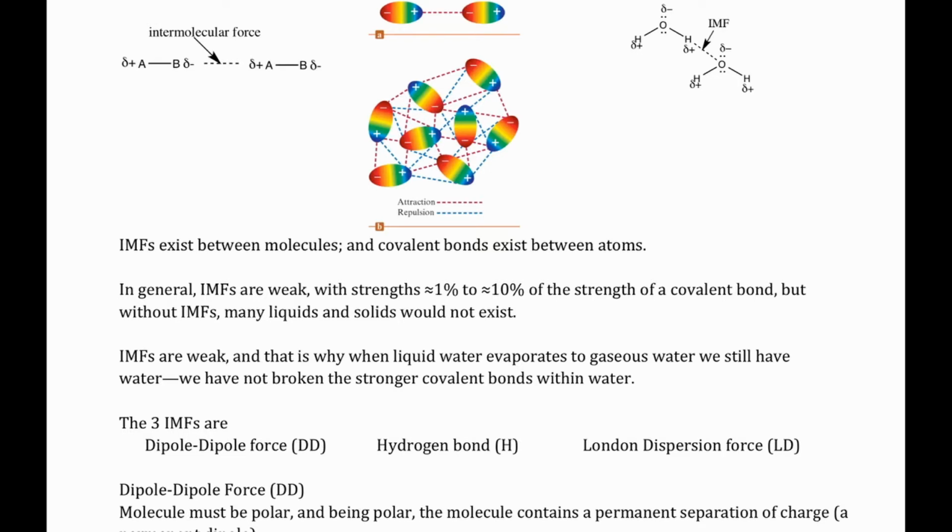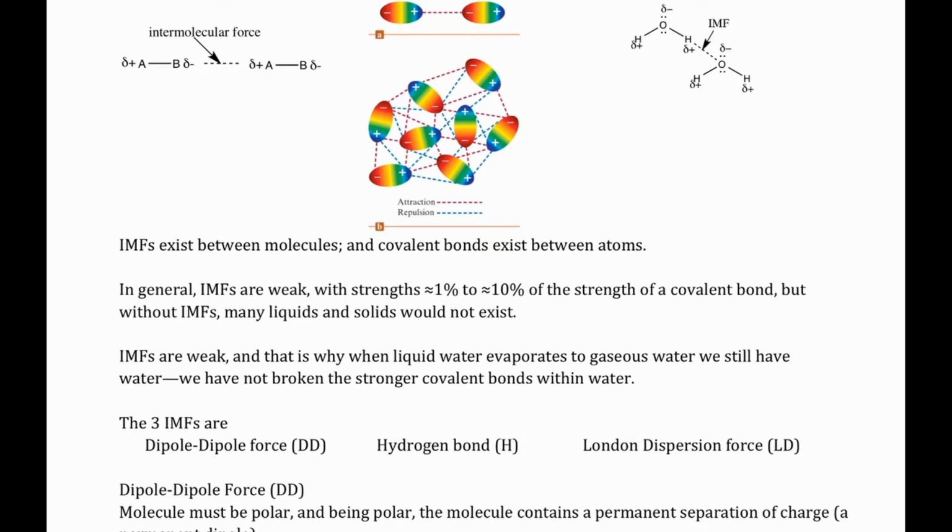Well, there are also repulsions, and those would be between like charges. So the molecules arrange themselves together to maximize the attractions and minimize the repulsions. The last diagram is with water. So we know that in water, which is polar, we have oxygen with its partial negative charge, the hydrogen partial positive. So what that means is an H is attracted to an O, and we have those IMFs in water.